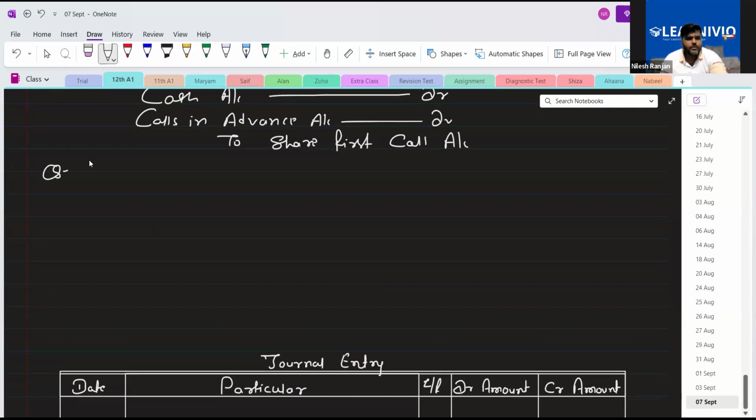This is question number 20. It is an illustration.